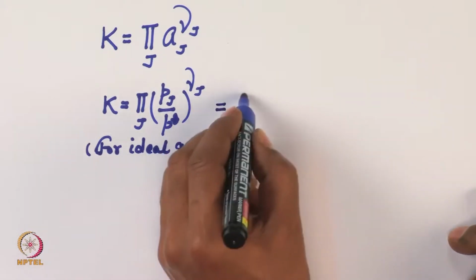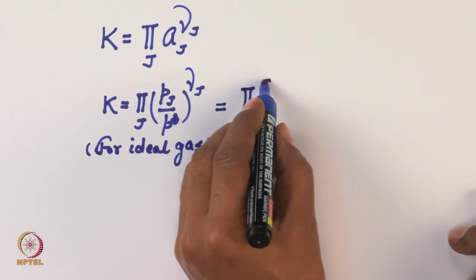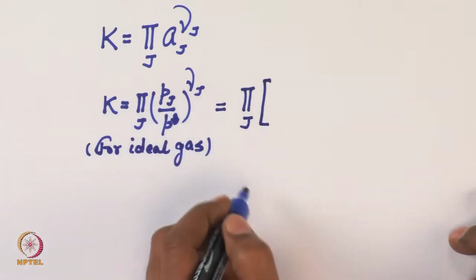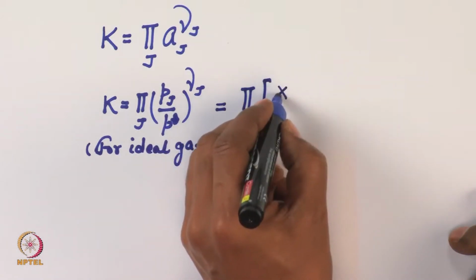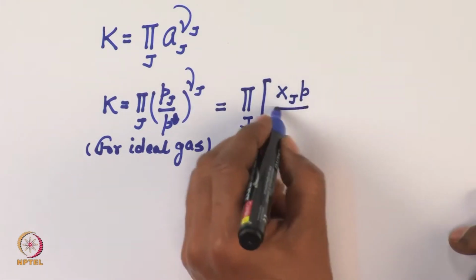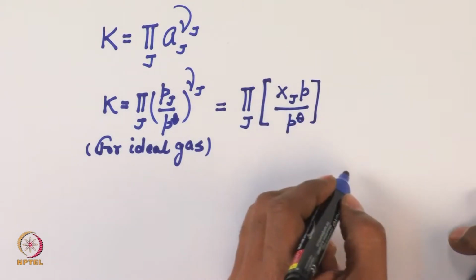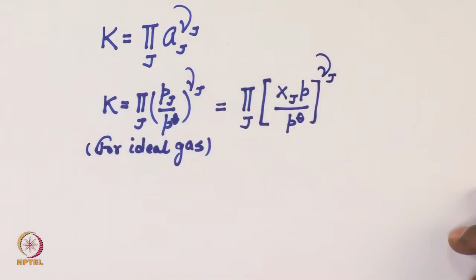And as I just discussed, instead of partial pressure, let me write mole fraction of J into total pressure by P naught raised to the power nu J.